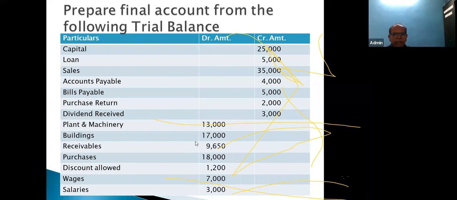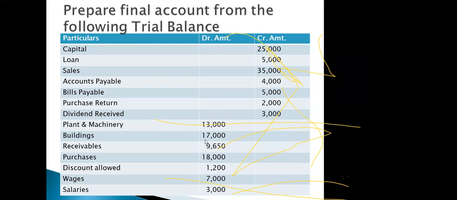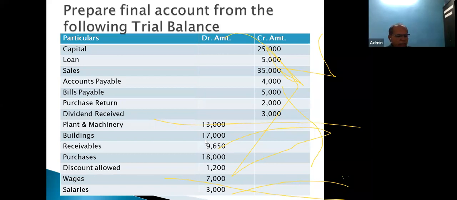Then the second effect. Now go to the balance sheet, asset side. You have written building inside the column, 17,000. Have you written building? Below that, write less depreciation 1,700.